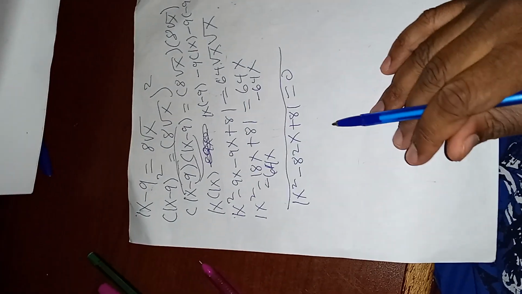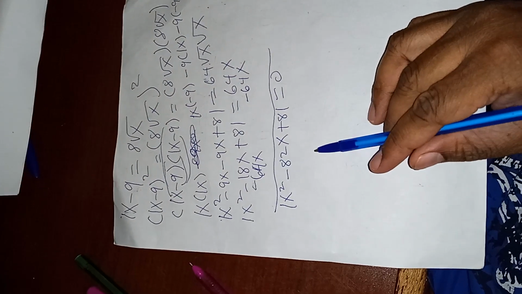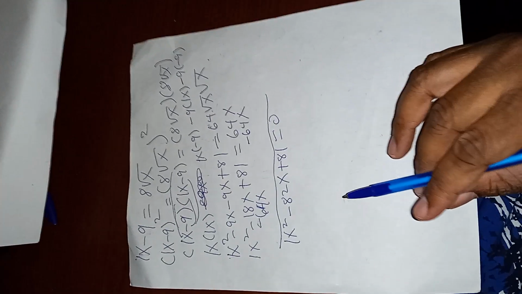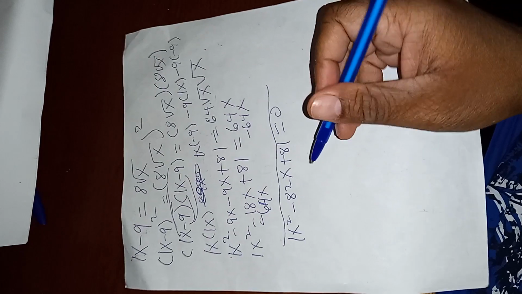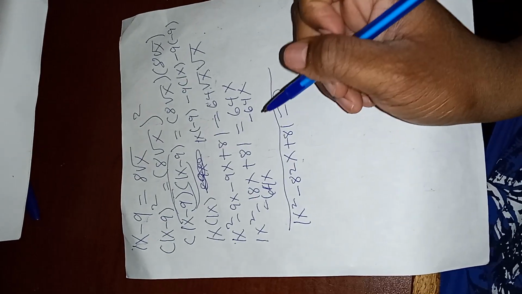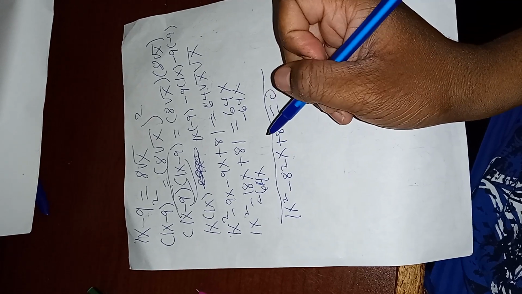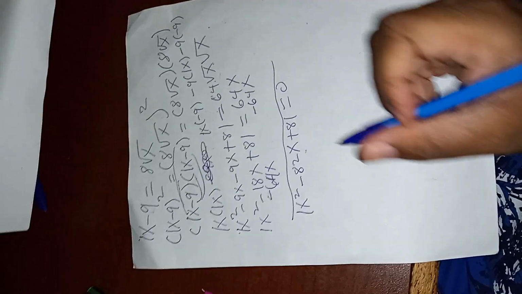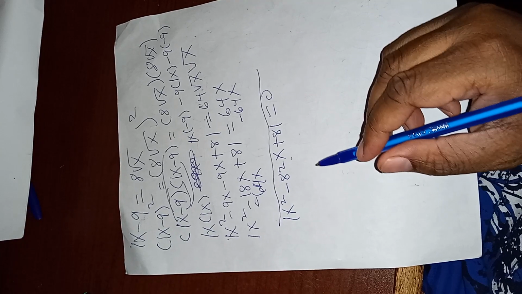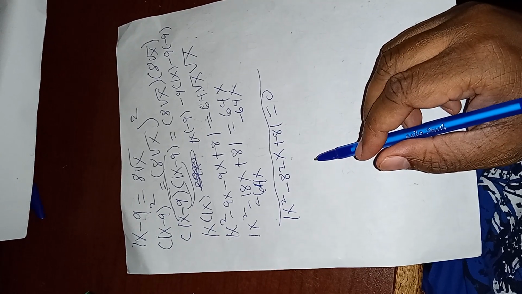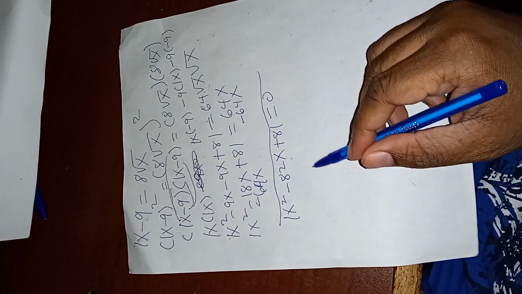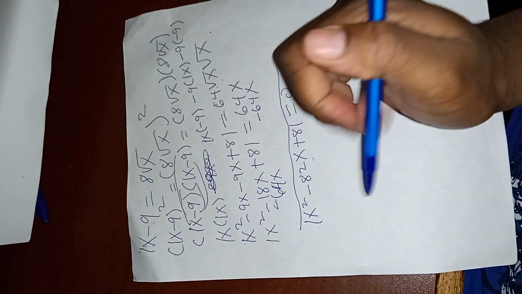And what two factors multiply to be 81 and add to equal negative 82? Well, we know 81 times 1 is 81, so it's going to have to be negative 81 times negative 1, because negative 81 times negative 1 is 81, and if you add them together, we will get negative 82.